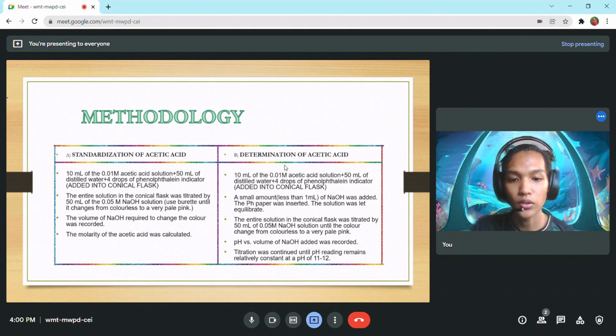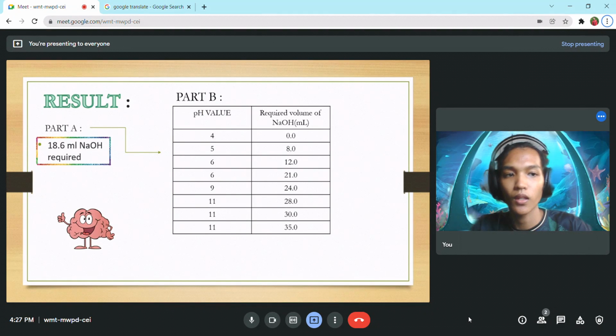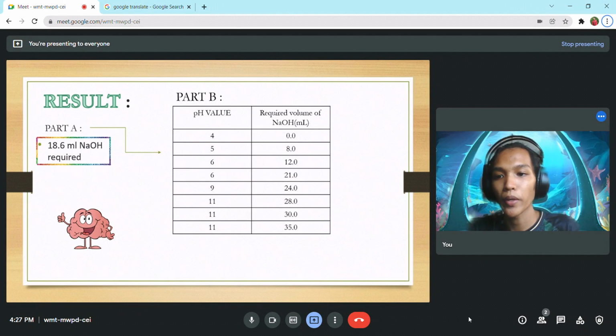Titration was continued until the pH reading remained relatively constant at pH of 11 and 12. As you can see, this is the result of this experiment for part A and part B.